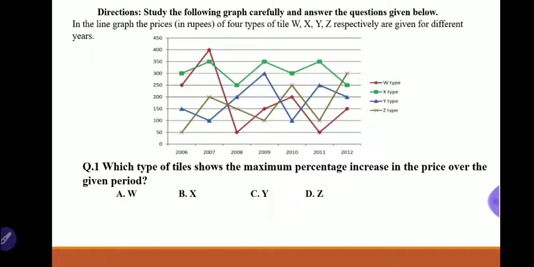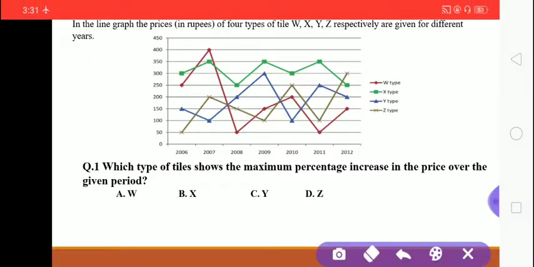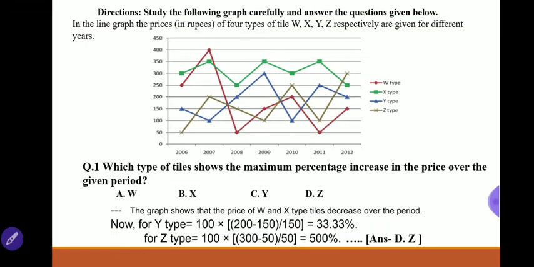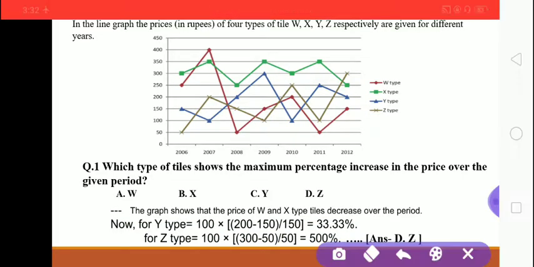You can observe that in W and X types of tiles, there is a decrease in the price over the period. For the W type, that means diamond here, the price started in 2006 at 250 rupees.